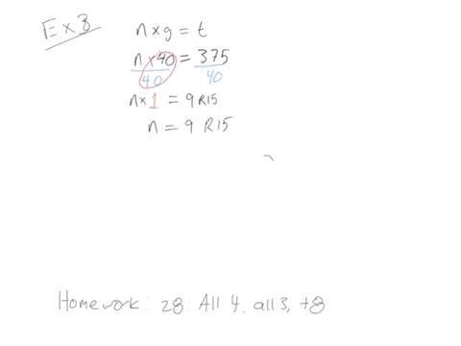Now, again, word problem means word answer. So what did they ask specifically? It says, how many rolls can Corey fill with the quarters? Well, Corey can fill 9 rolls completely, and then he'll have 15 left over.